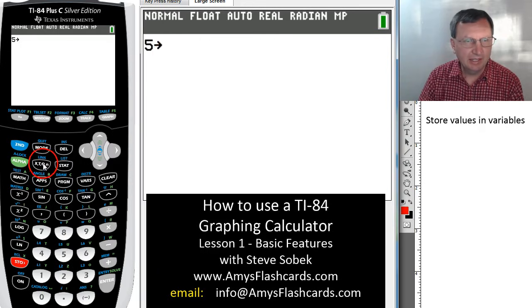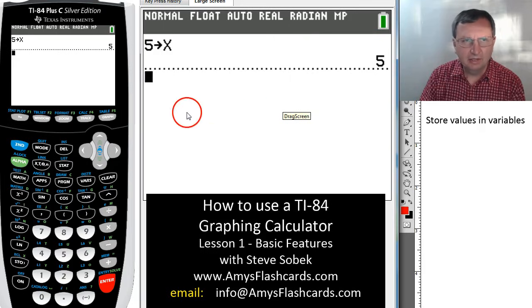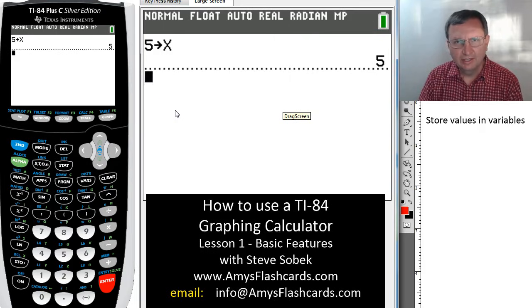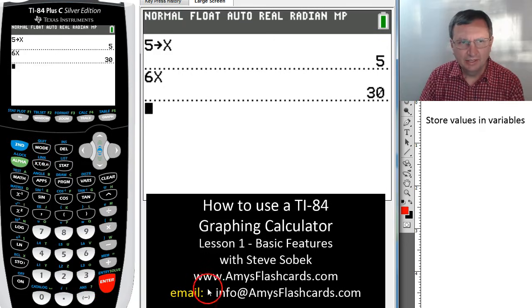And the easiest place is X, so you could hit this X button, hit the Enter key, and now a 5 is stored into that variable X. So later, if you had some expression, like 6x, it knows that x is a 5. It'll take 6 times 5 and give you 30, see?